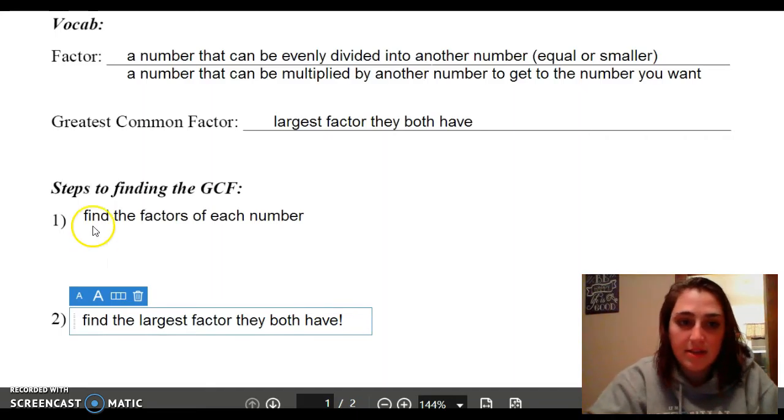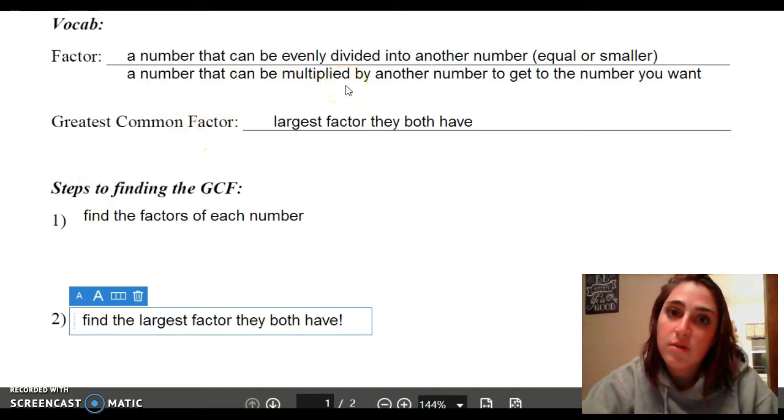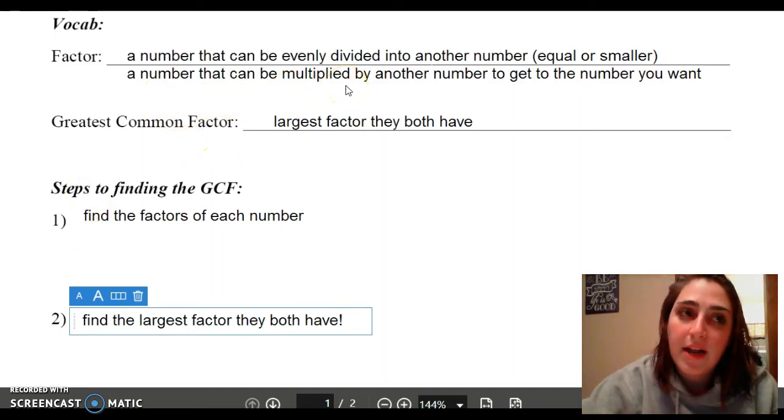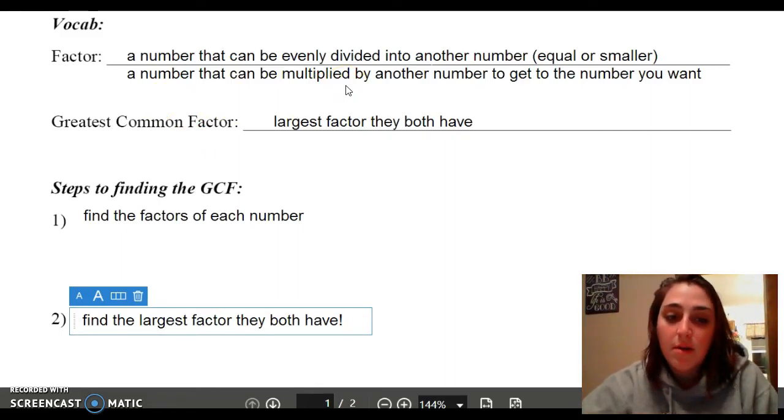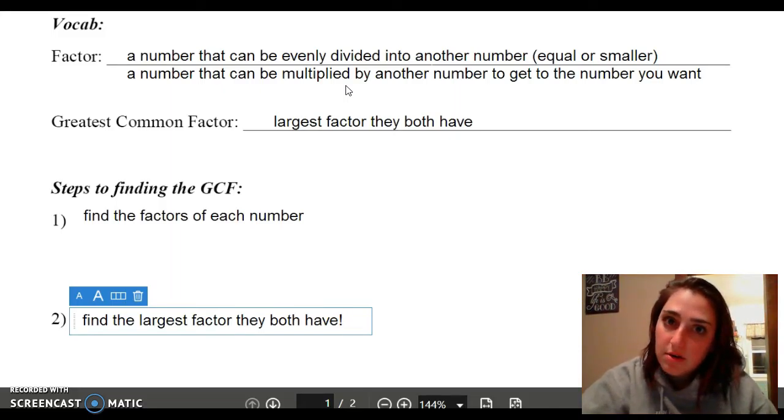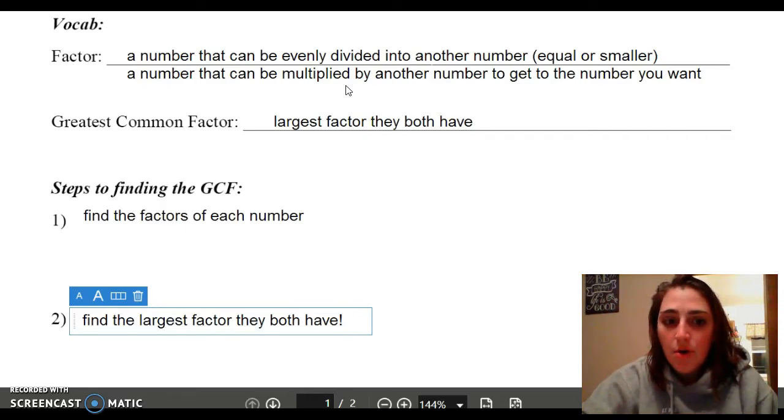Same thing as basically our definition up here. So it's only 2 steps for that. Later on we will be using that number to do a little bit more with expressions, but for now we're just worried about knowing how to do this part here. Okay, this is like the groundwork for what we're doing later on.